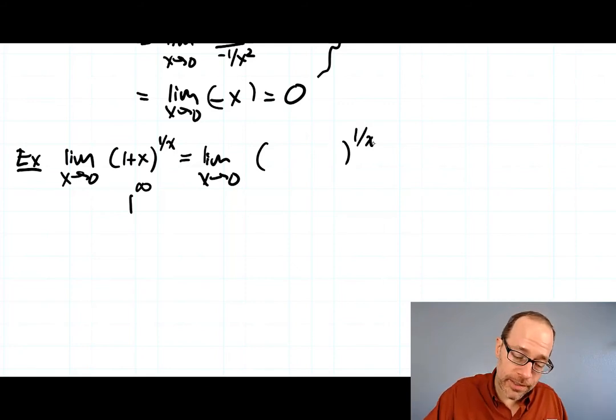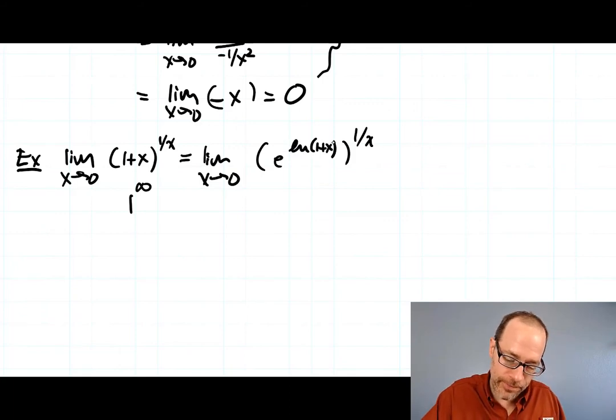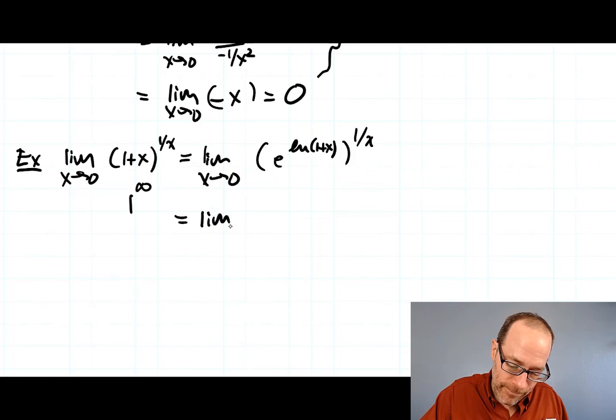Now this 1 plus x can be written as e to the natural log of 1 plus x. And then the exponents multiply, so that's e to the log of 1 plus x all over x.